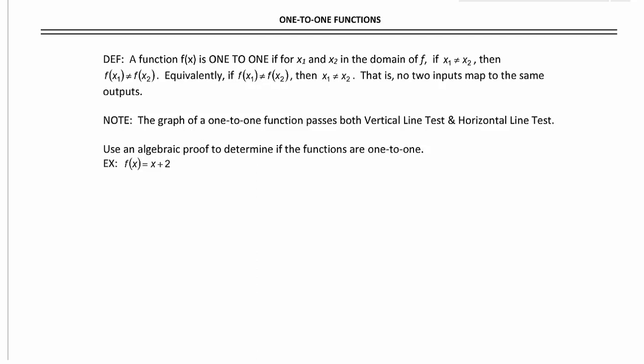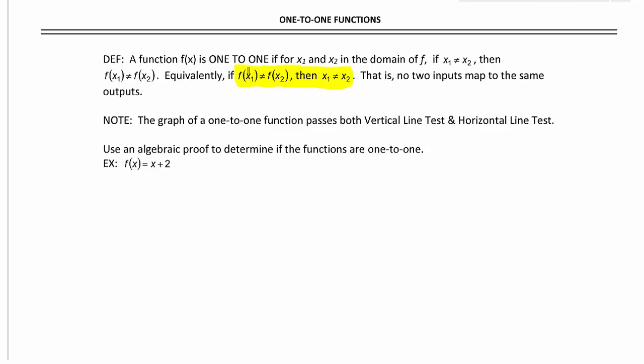All right, so a one-to-one function says that if f of x1 is not equal to f of x2, then x1 won't equal x2 either. What we're going to do is assume that f of x1 does equal f of x2, and then see if we can prove that x1 equals x2.